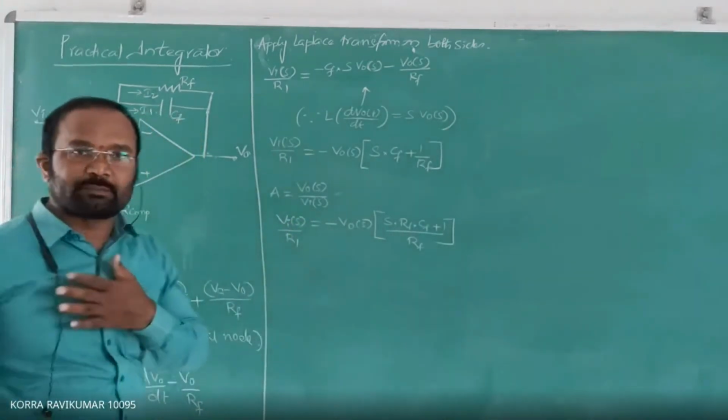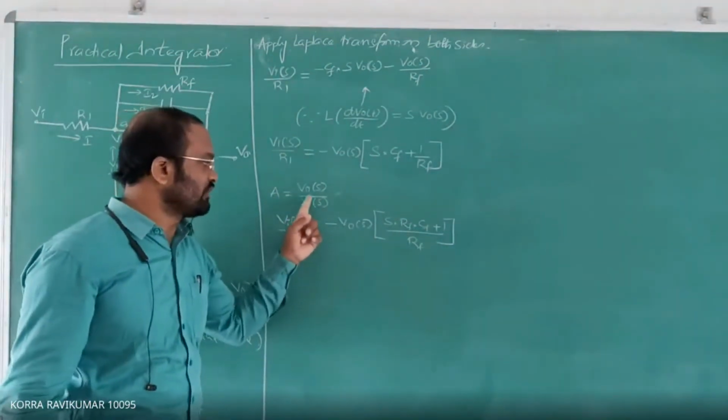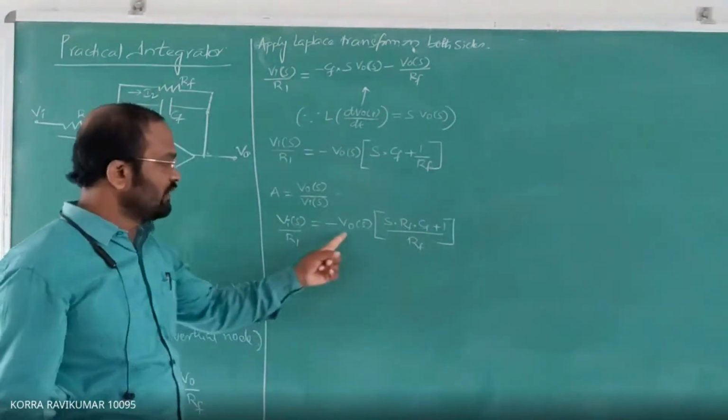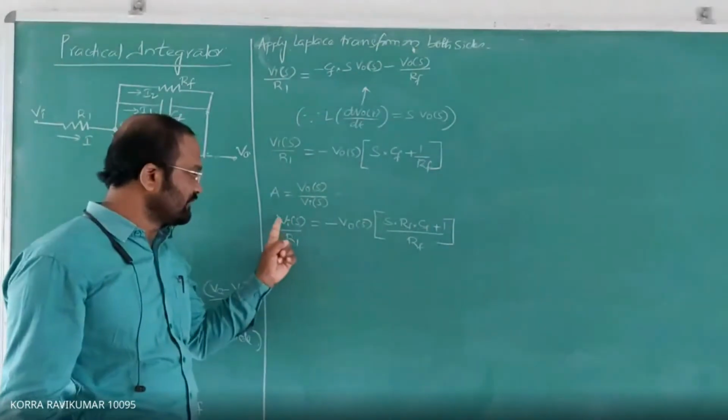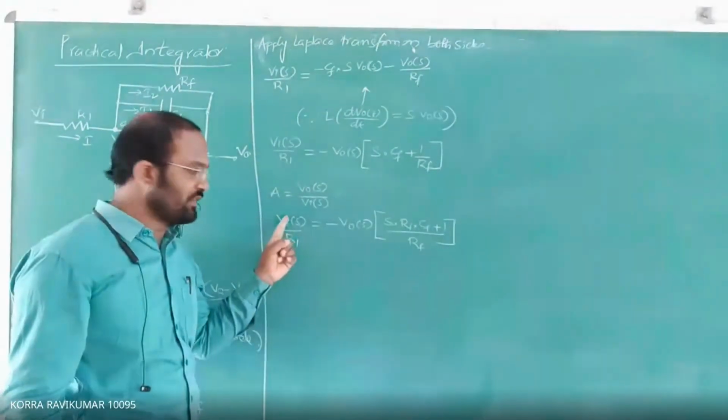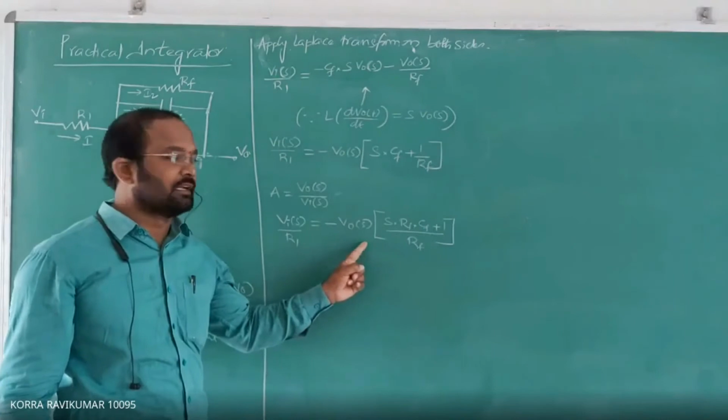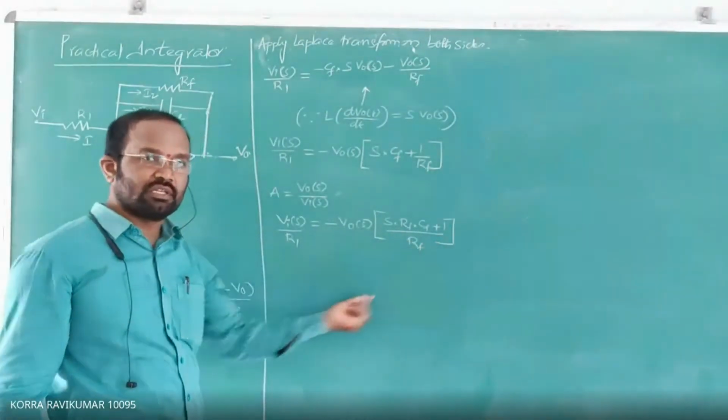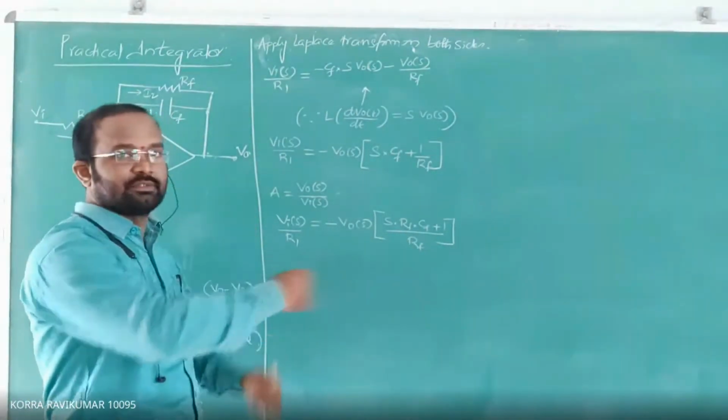Now I want the expression for gain, which is equal to V0(s) by Vi(s). So send Vi(s) to the RHS and the remaining part of the RHS to the LHS. Let us just transfer it.